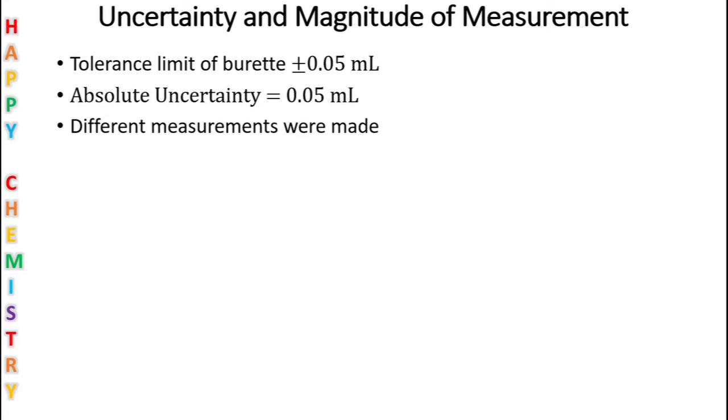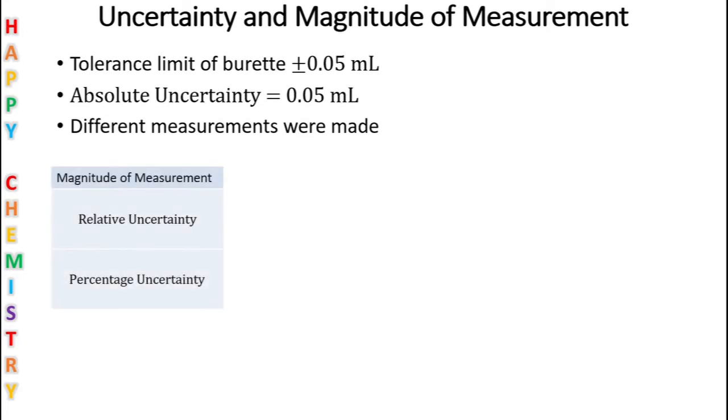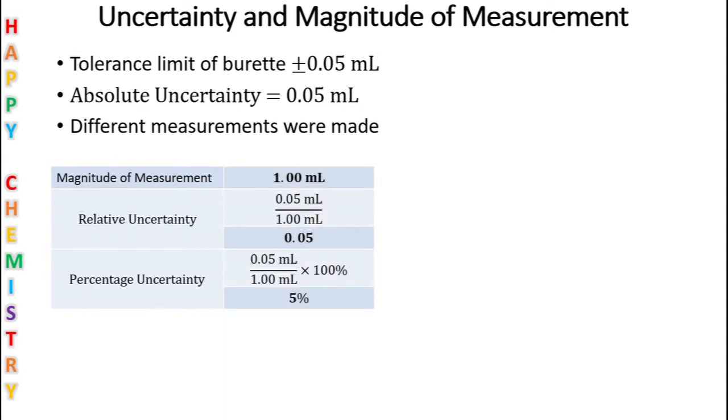First, 1.00 milliliters is measured. That means the magnitude of the measurement is 1.00 milliliters. Calculated relative uncertainty is 0.05 and calculated percentage uncertainty is 5%.